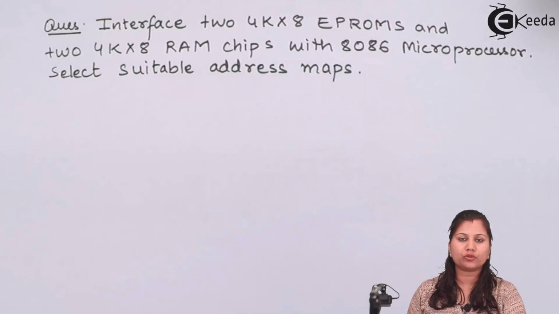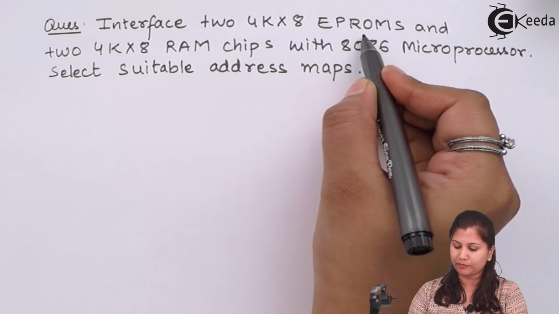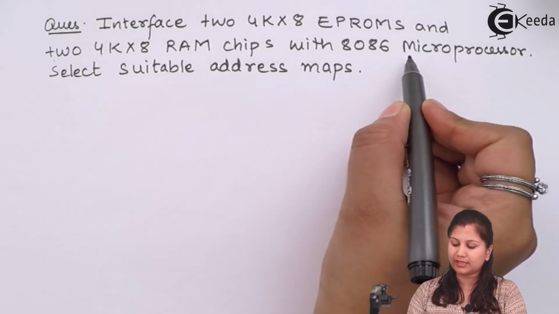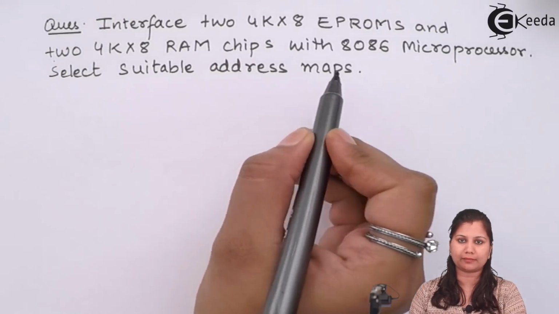Our problem is we have to interface two 4K into 8 EPROMs and two 4K into 8 RAM chips with 8086 microprocessor, and we have to select suitable address map.